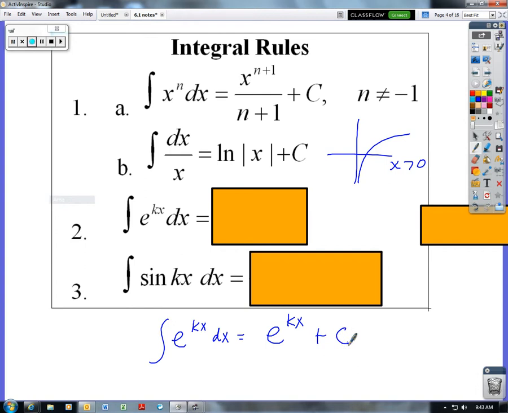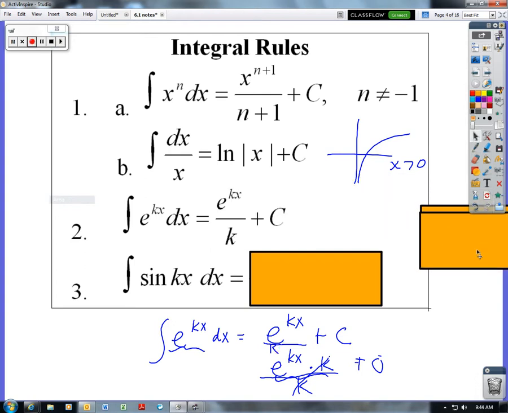But if you differentiate that to check it, that's e to the u, so that's e to the kx, but you have to use the chain rule times k, plus the derivative of c, which is just 0, so that's gone. But this doesn't match the original integrand, so we have to adjust it. We don't want that k in front, so we adjust it by dividing by k, and then it will match. So when you do e to the kx, you have to divide it by k.